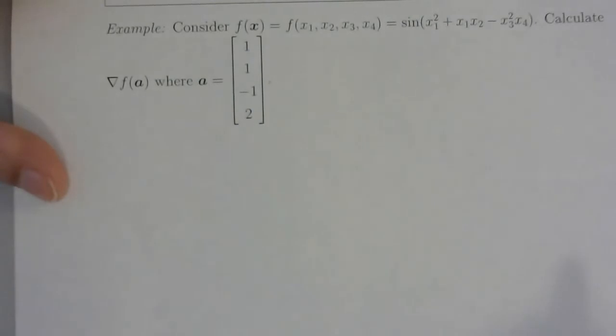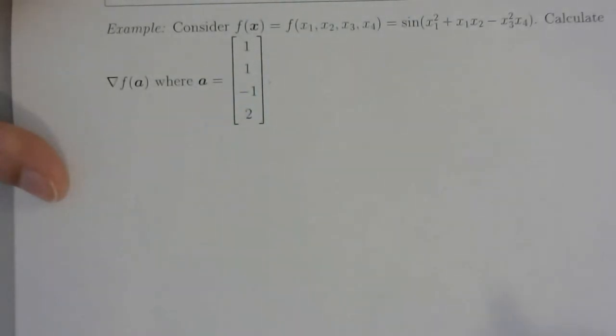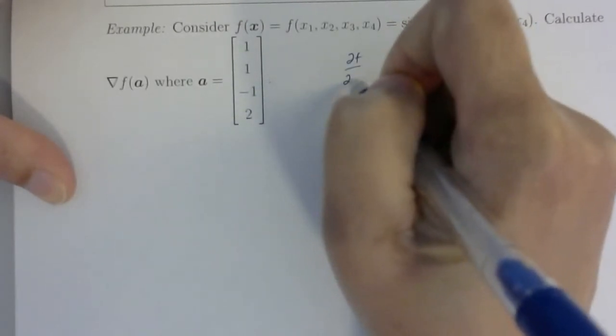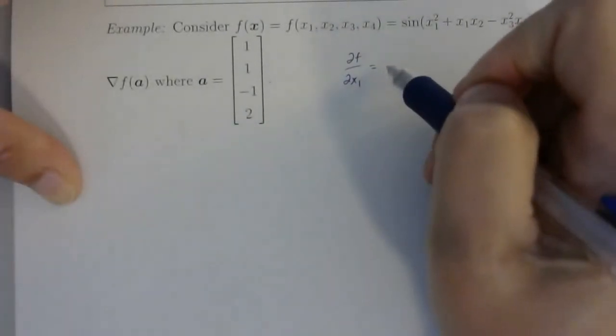Okay. So I have f of x, which is a function of four different variables, x1 to x4. So we'll do the partial of f with respect to x1. Everything appears in the sine, so it's always going to have to be a chain rule, right?